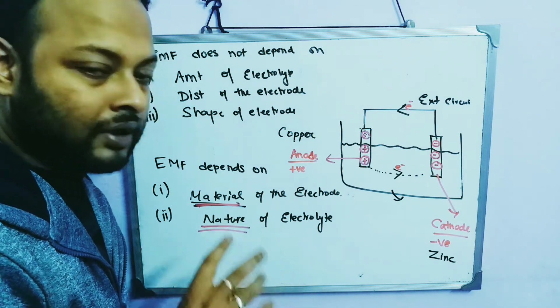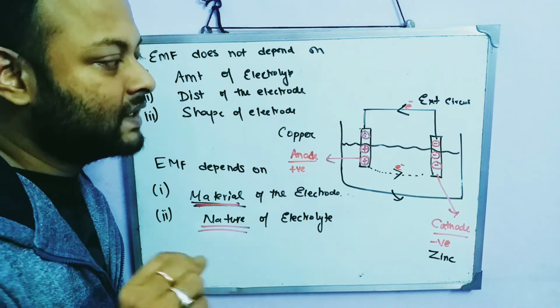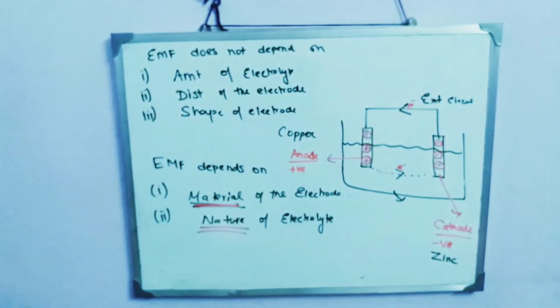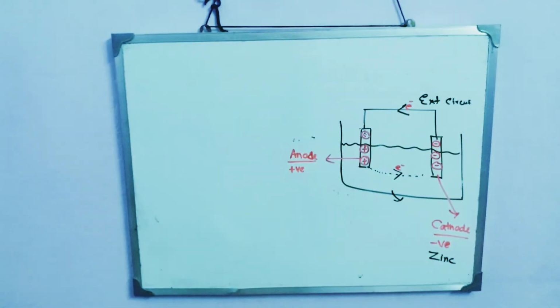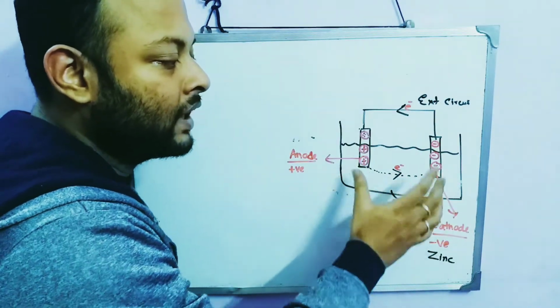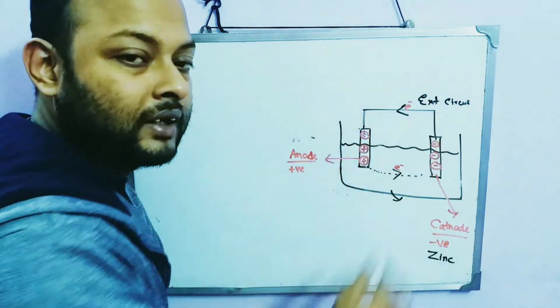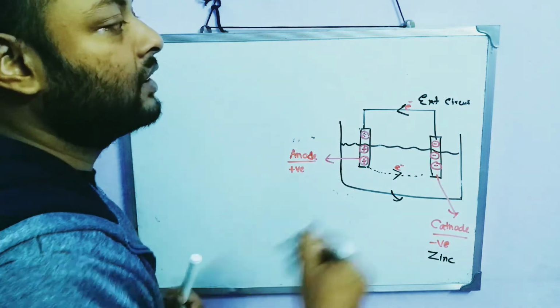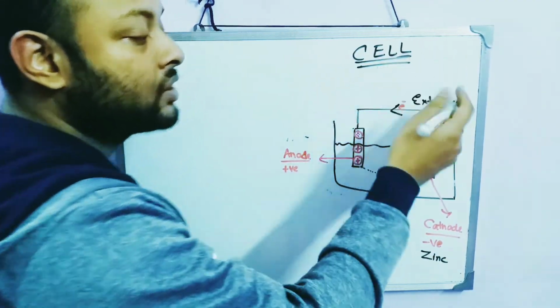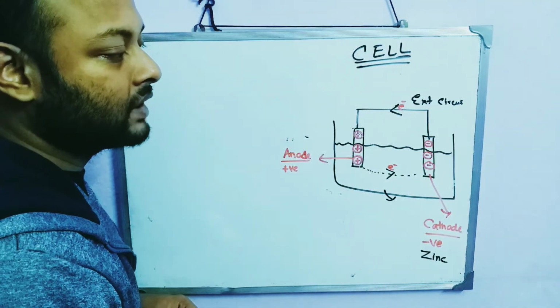Now let me give you the basic idea about the entire topic. The entire thing that we are seeing, this electrolyte, these electrodes, this circuit, this entire thing is called the cell.